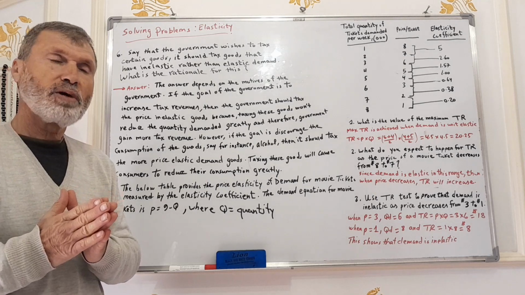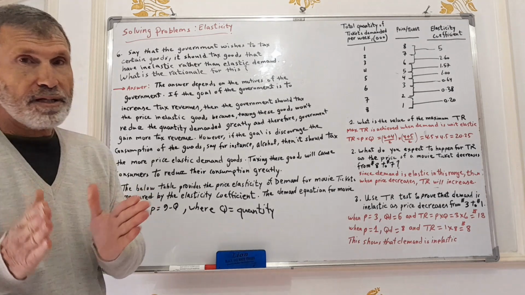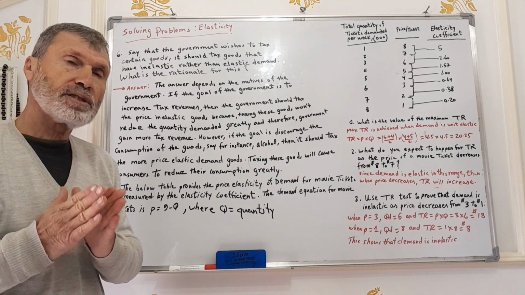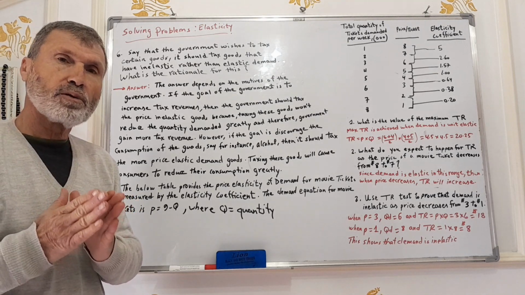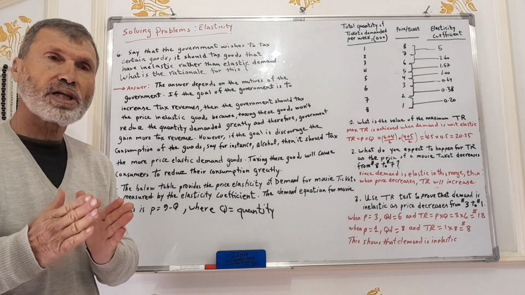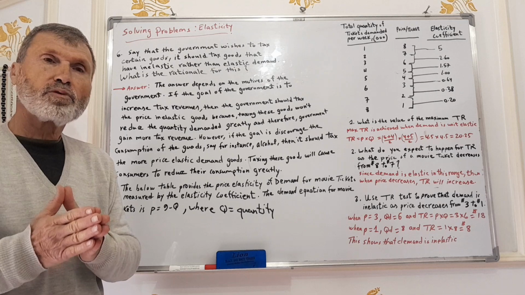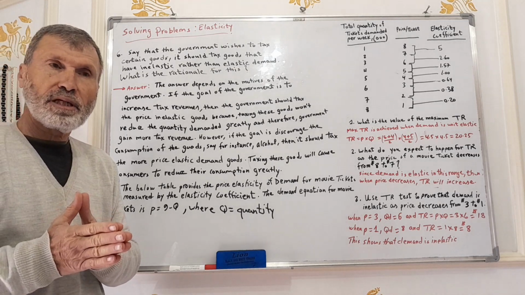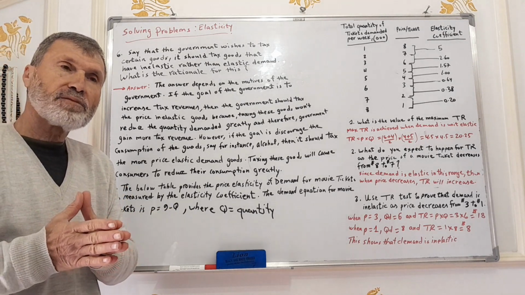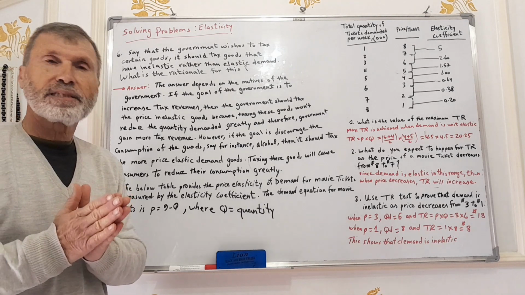That is, they will reduce the quantity demanded greatly, because as you know, when the good has elastic demand, the percentage change in the quantity demanded is much larger than the percentage change in the price. Therefore, to discourage consumers from consuming certain goods, say for instance tobacco or alcohol, the government should tax the goods that have elastic demand.